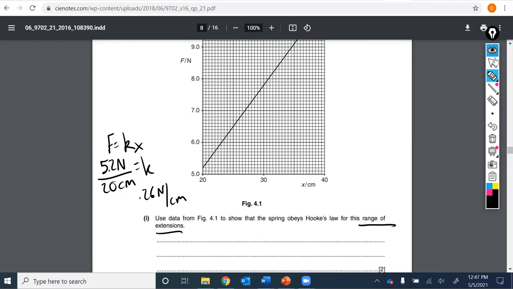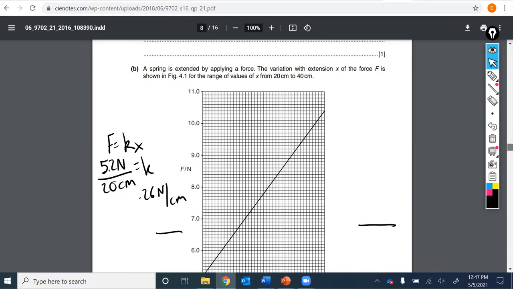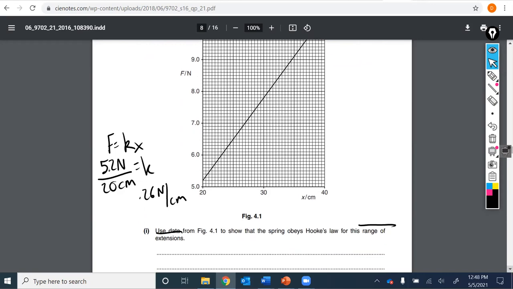Since I'm looking at that entire range of extensions, I want to find a point all the way at the top, so I'll just use the final point. That's the 40 centimeter, and it looks like that's intersecting this line right here. That's 10.4.